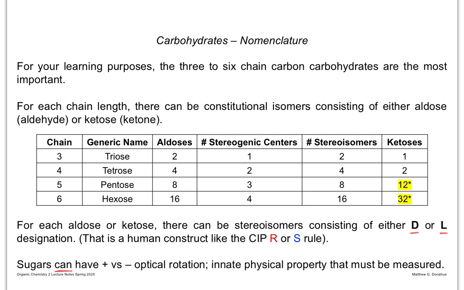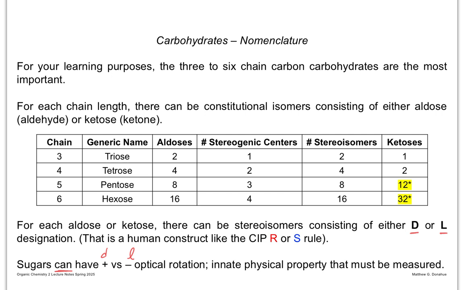Now, the big D and big L refer to a stereochemical designation of the structure. The plus and minus sign, that's kind of easy to interpret what that means. But there's also another way that's been used to describe these, and that's little d and little l.